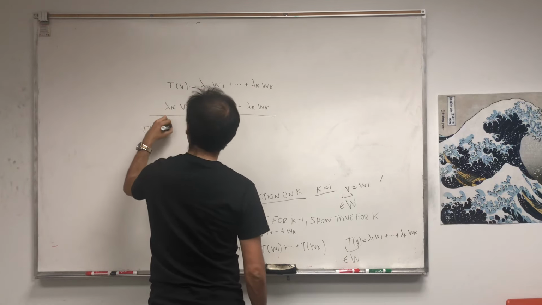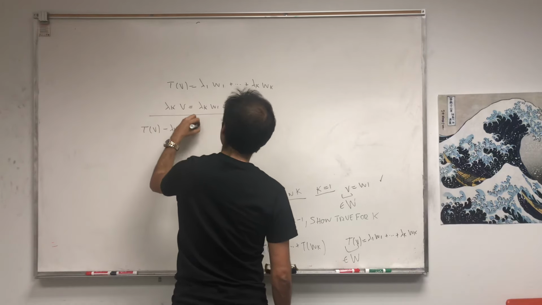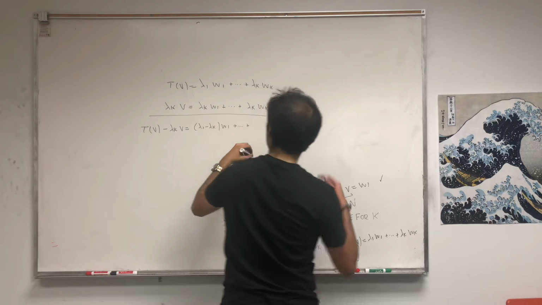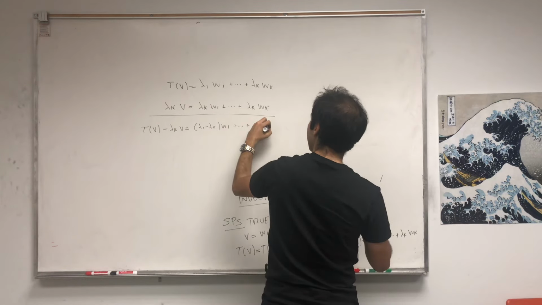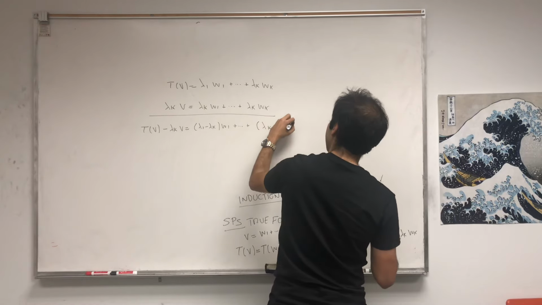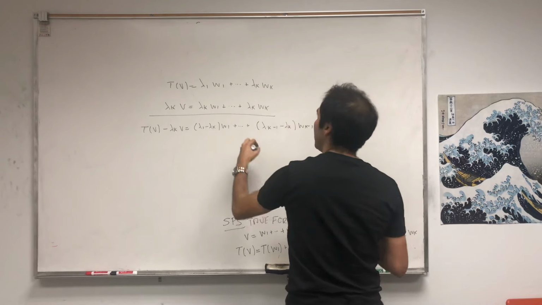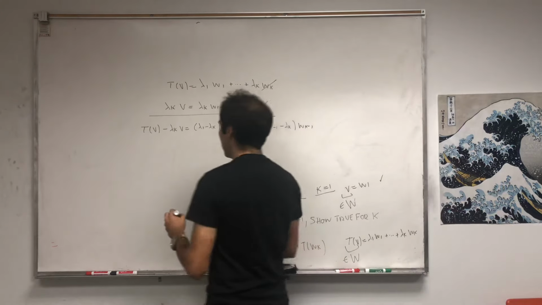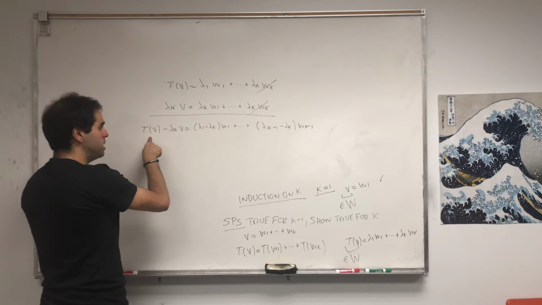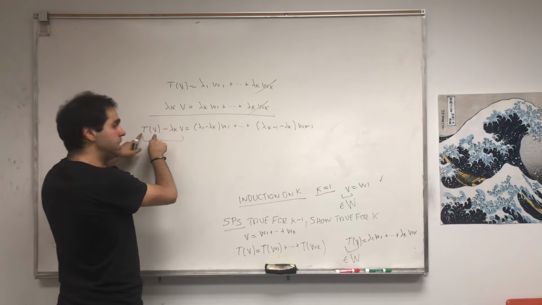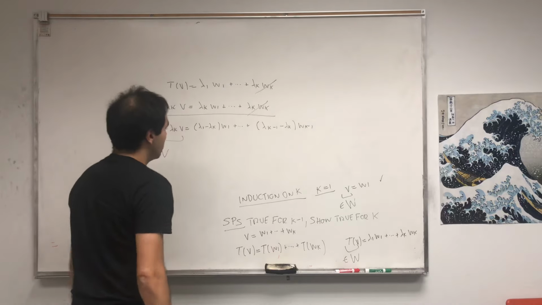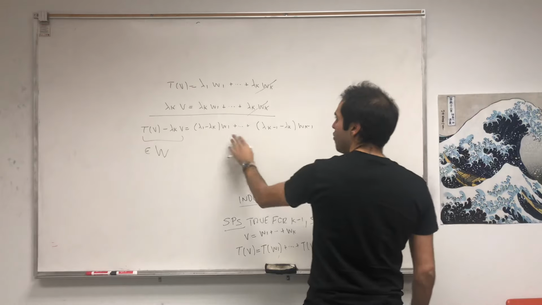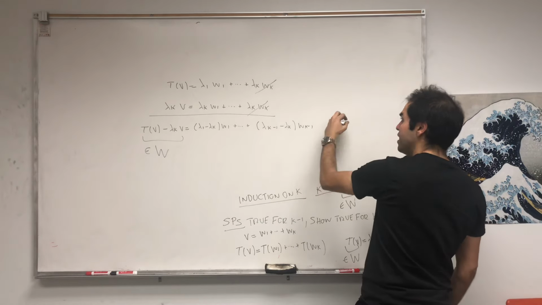So T of V minus lambda k V is lambda 1 minus lambda k times W1, plus dot dot dot plus lambda k minus 1 minus lambda k times W(k minus 1), and those last two terms disappear. Now, what do we know? We know V is in W, and T of V is in W, again by T invariance. And so we get this vector in W, which is the sum of vectors in each E of lambda i.